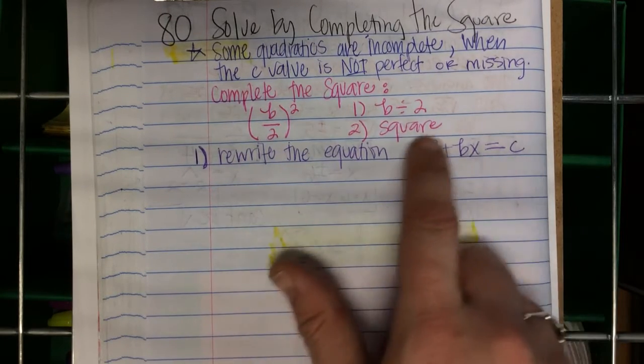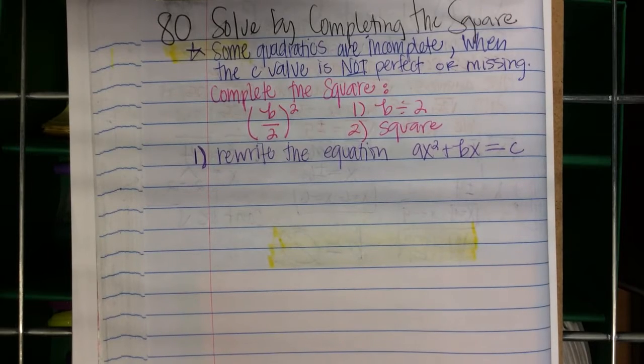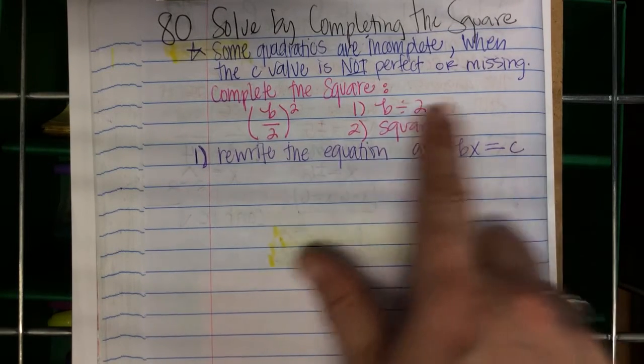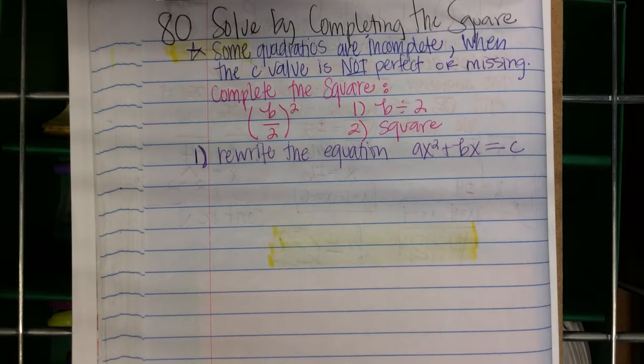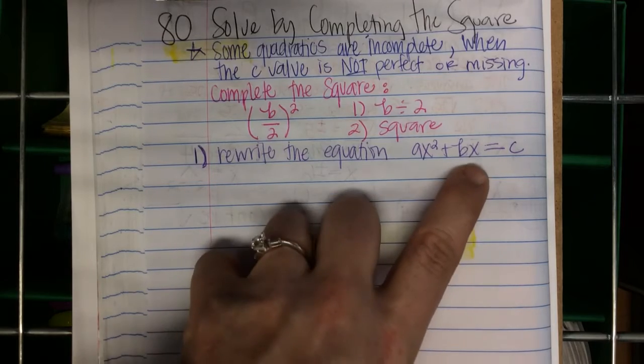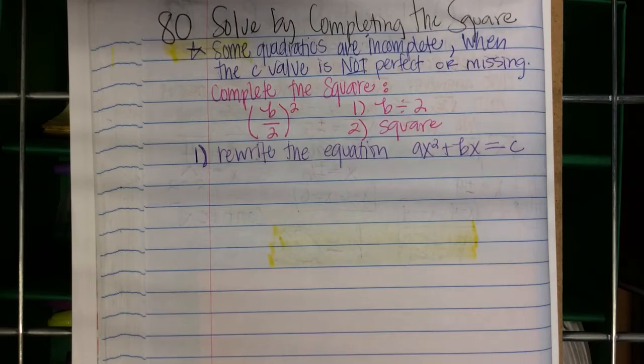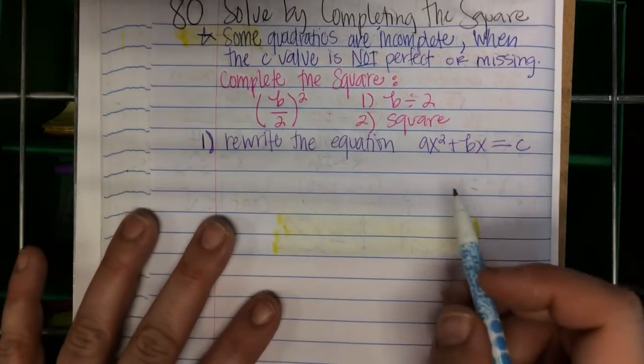Sometimes it's already written this way and we're good. Other times we have to move that C value and work from there. Does that seem pretty easy? I mean, all it is is inverse operation.